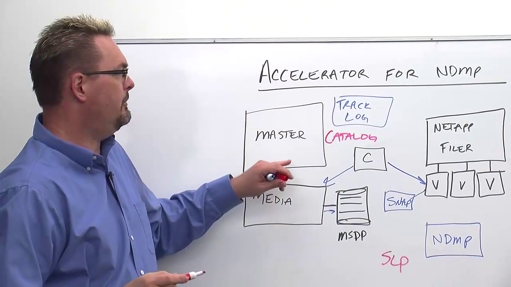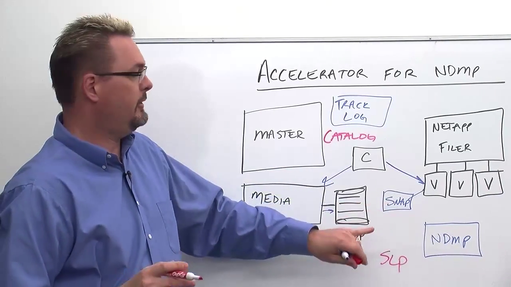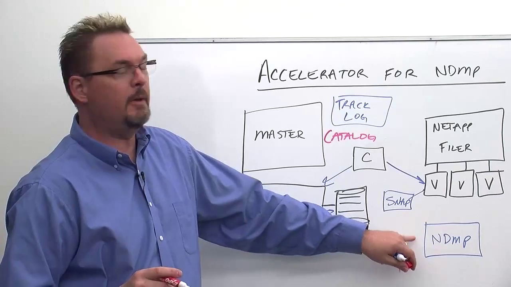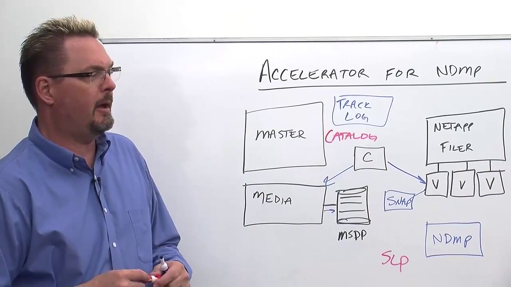So the process is: run a snapshot. We're not going to mount the snapshot. We're just going to take the information that's in the NDMP volume, index it, and put the information into the NetBackup catalog.